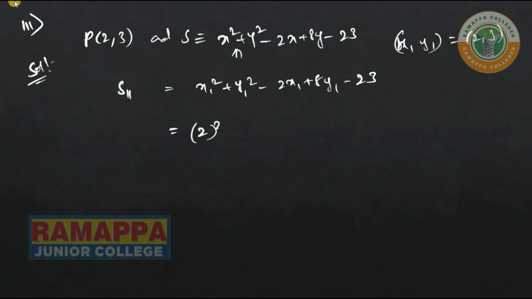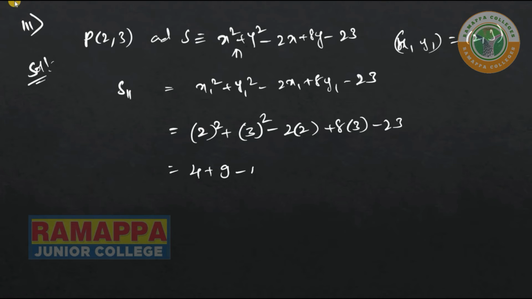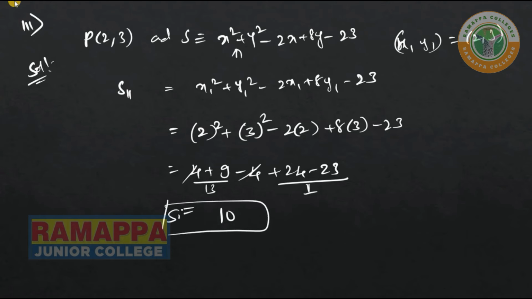So 2 whole square plus y1, that means 3 whole square, minus 2 into 2 plus 8 into 3 minus 23. So in this, 2 square is equal to 4 and 3 square is equal to 9, minus 2 into 2 is 4, plus 8 into 3 is 24, minus 23. So it will become 13, and 13 minus 4, 9 only, so minus 4 plus 4 will get cancelled. 24 minus 1, and it will become 9 plus 1, 10 here, answer. So the answer is 10 here. S11 is equal to 10.